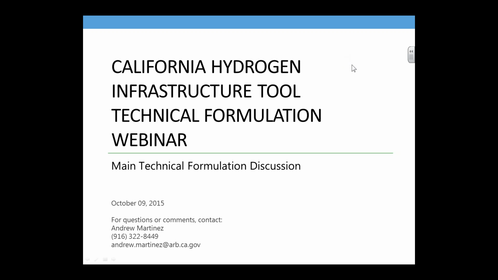This morning's presentation was an overview of fundamental ideas and principles related to GIS and basics about doing a spatial analysis in ArcGIS in particular. So this afternoon is going to be dedicated to the analysis we performed and the tool that we developed that we are calling CHIT, the California Hydrogen Infrastructure Tool.